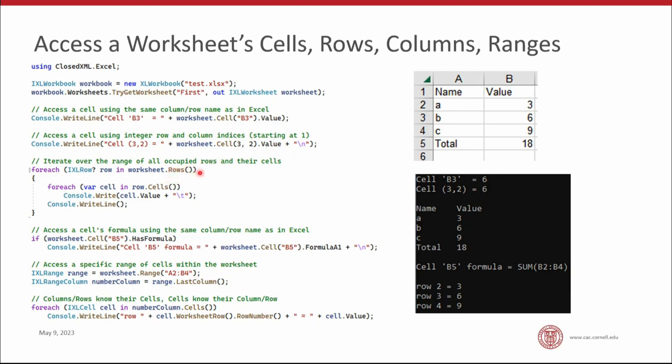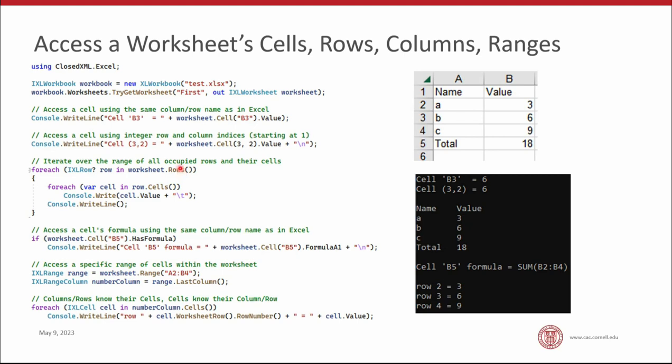But sometimes you want to iterate over a range of cells, either just in a row or a column, or over a rectangular section. So this rows function of the worksheet will return the list of rows that are known to have data in it. Remember that range information that we looked at in the XML file?